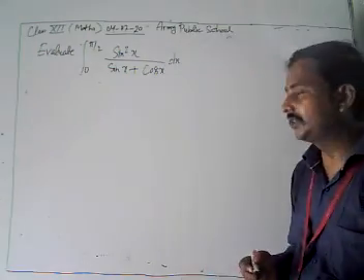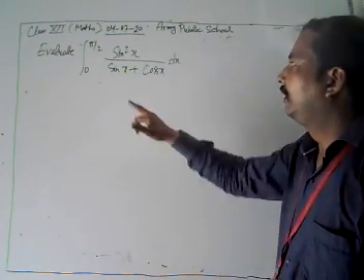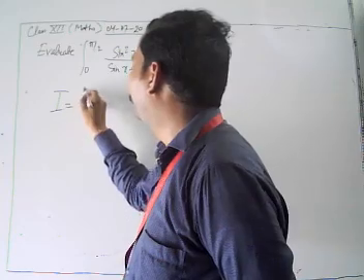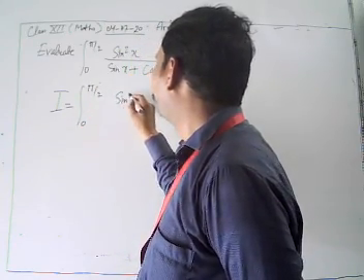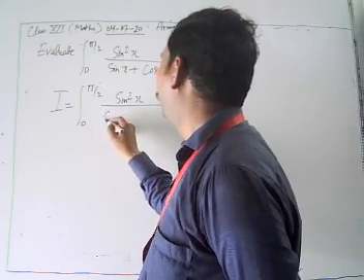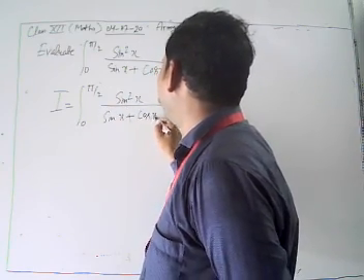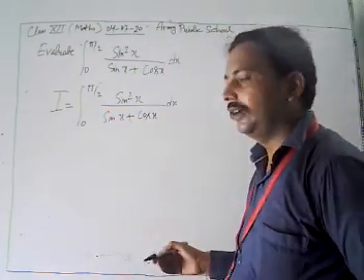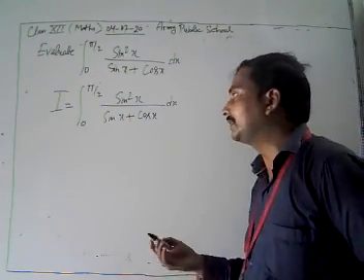Now look, it seems to be very easy there. First of all, again start with I equals 0 to pi by 2 sin square x. Obviously, we are using the common property which we use many times in our problems: 0 to a f of x dx equals 0 to a f of a minus x dx.